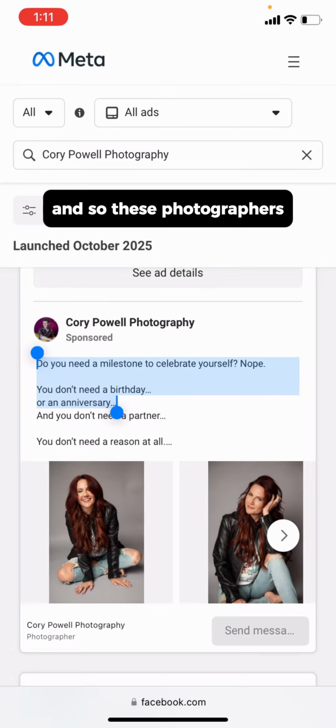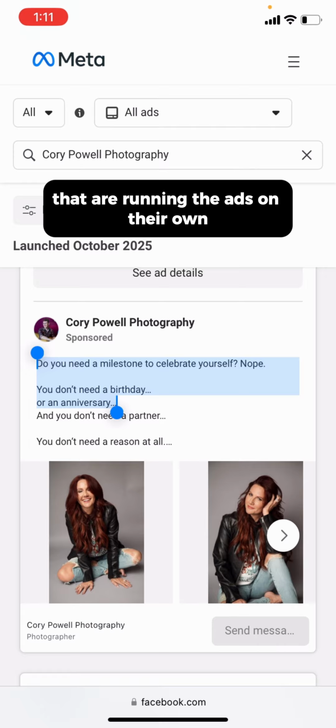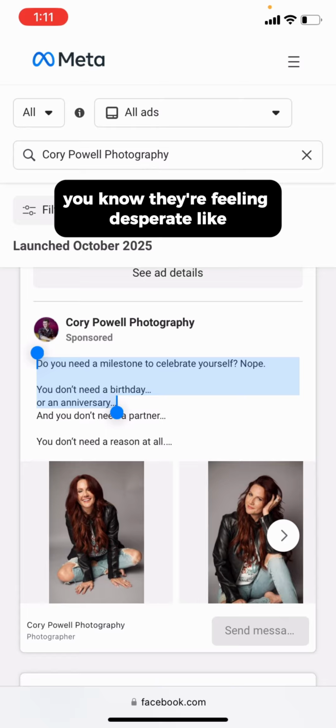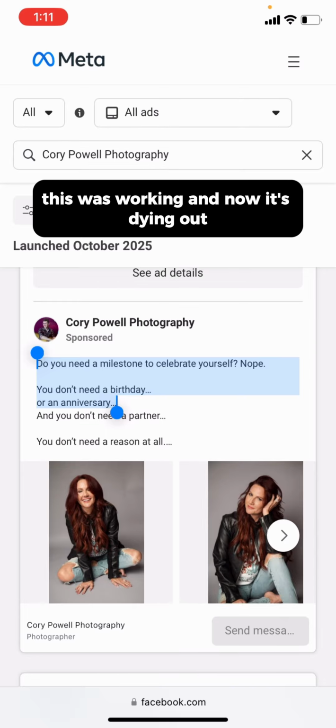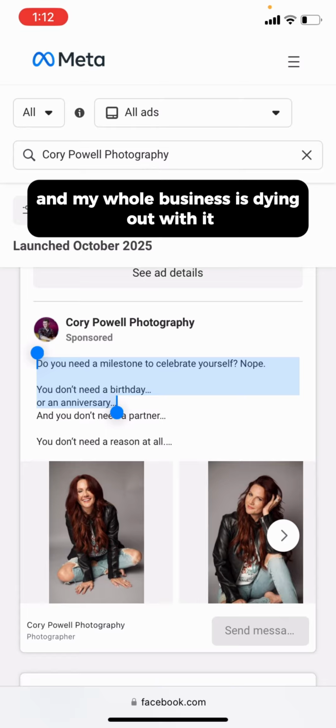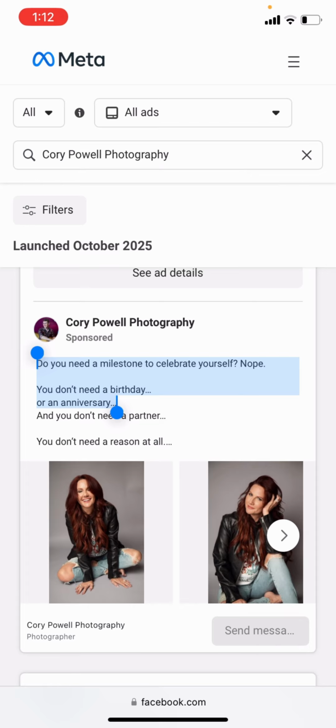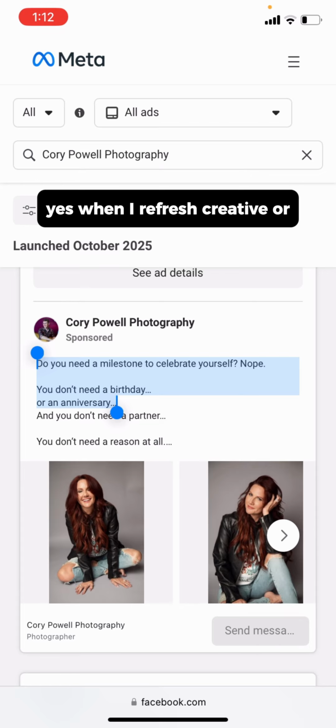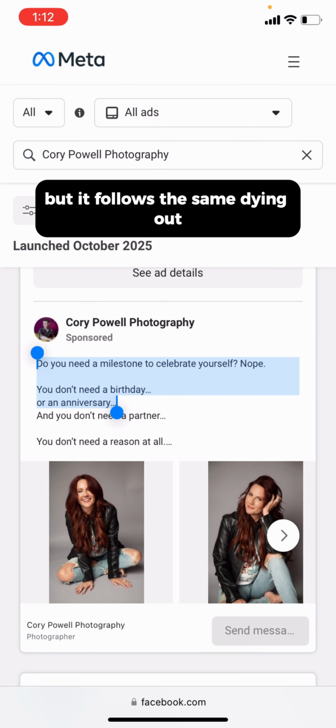And these boudoir photographers running the ads on their own feel desperate. Like, oh man, this was working and now it's dying out, and my whole business is dying out with it. So I refresh the creative, or just change the picture, and cool, that next one works well, but it follows the same dying out, burning out, refresh creative path.